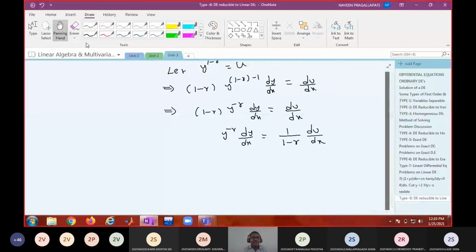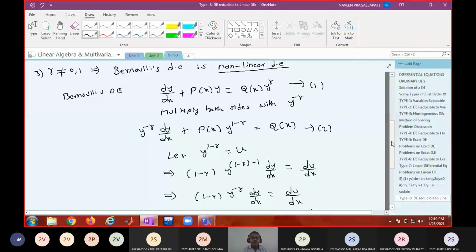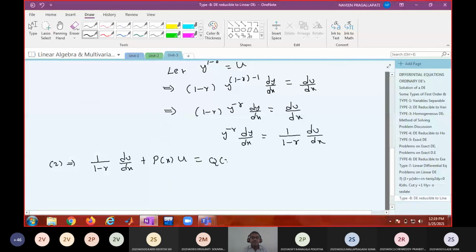Please respond. Therefore, the second equation becomes 1 by 1 minus r into du by dx plus p of x into u equal to q of x. Do you follow?